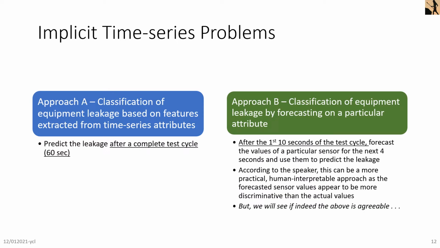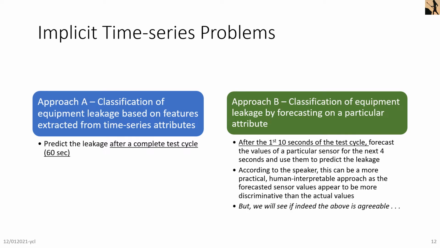The second approach is considered more pragmatic, as it uses only the first 10 seconds of sensor records to forecast the value of a specific sensor attribute for the next 4 seconds. It then uses these forecasted values for leakage classification.